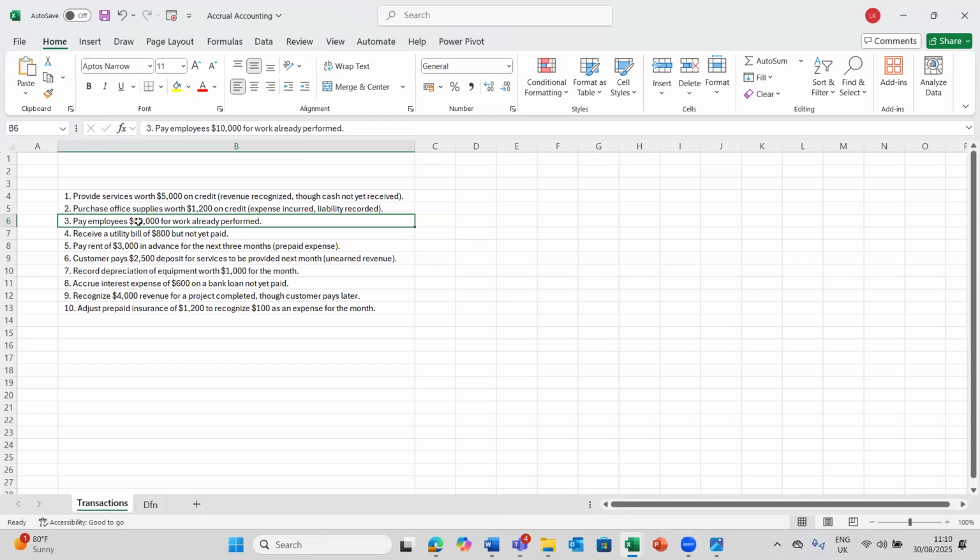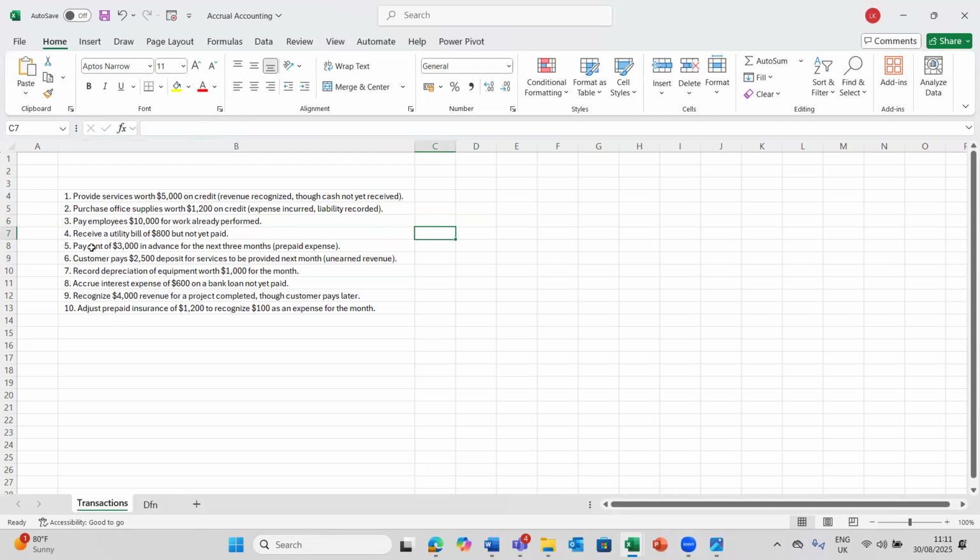The same with when we receive a utility bill of 800 but have not yet paid. We still put it in our books as a utility expense for that particular month, even though we have not yet paid.